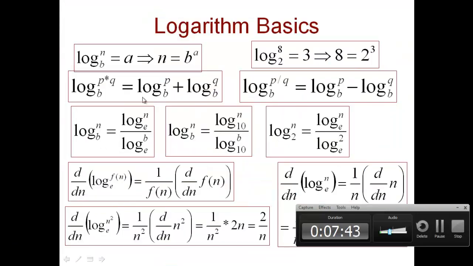So log n to the base b can be written as log n to the base e divided by log b to the base e. So make sure you use the same base e in both the numerator and denominator. You can also say log n to the base b is log n to the base 10 divided by log b to the base 10. So again use the same base 10. Both will lead you to the same answer.